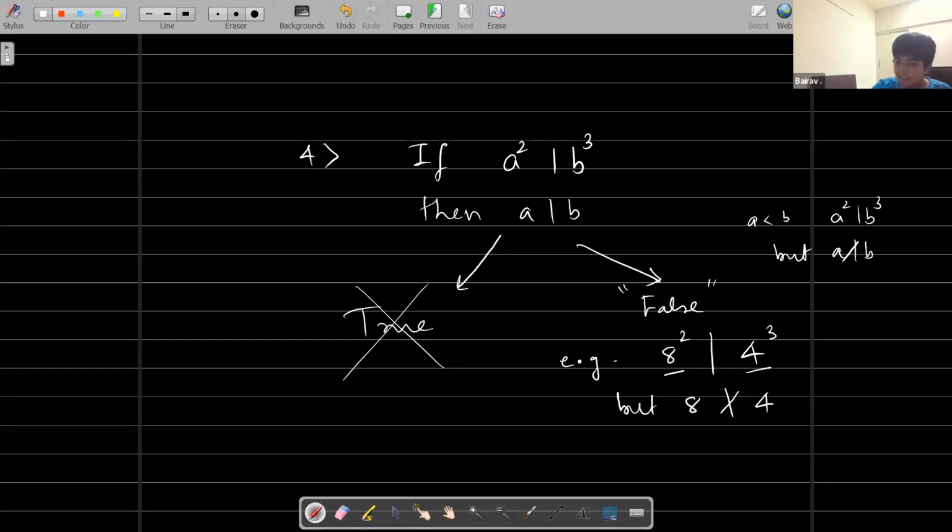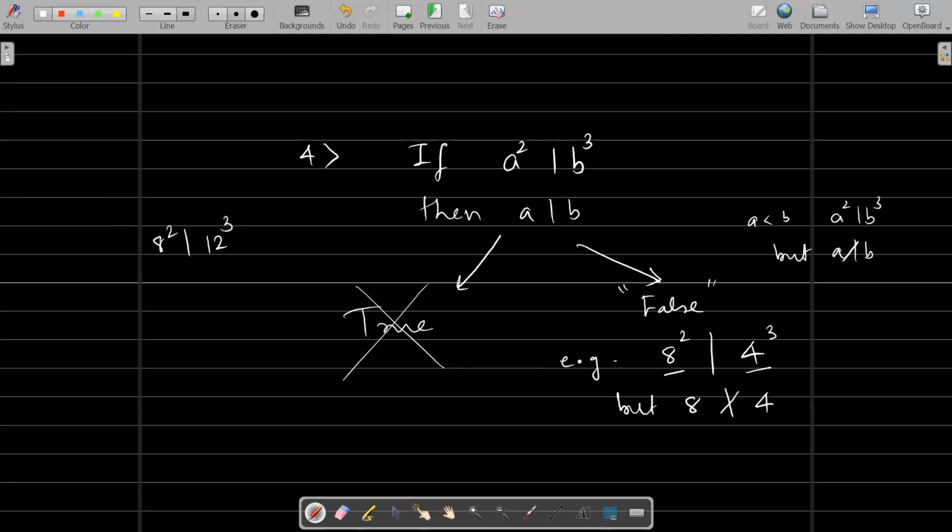Sir, we can take A equals 8 and B equals 12. Oh, good. So 8 square divides 12 cube, right? Just check, all of you. 8 square divides 12 cube.